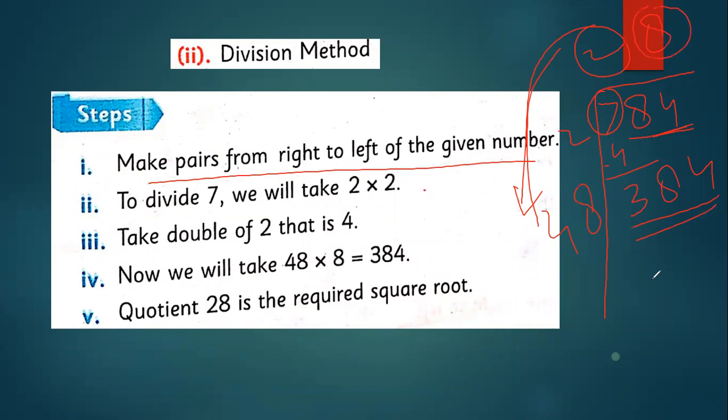Now multiply this 8 with 8, you will get 8 eights are 64. So 6 is here. Now again 8, 8 fours are 32, and with this 6, it becomes 38. So the question is done. This is the square root. So 28 is the square root of 784. This was the division method.